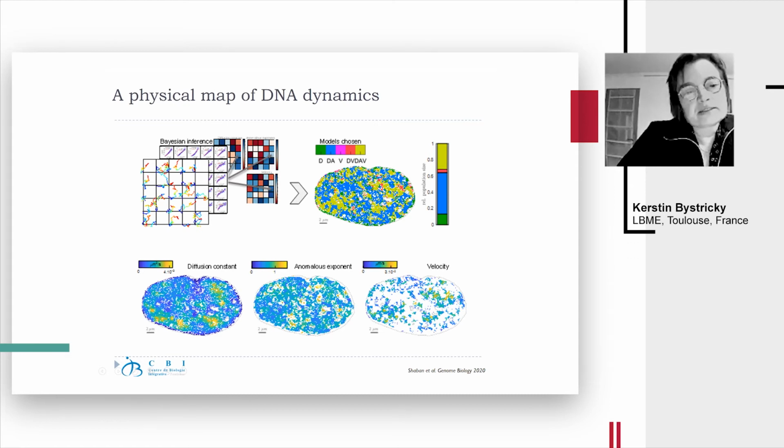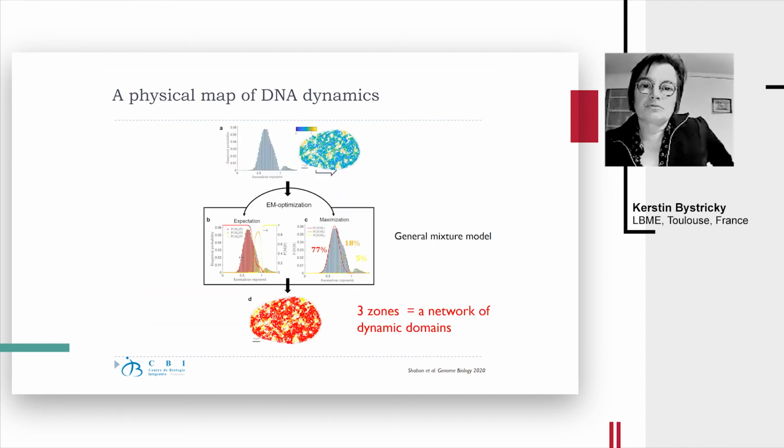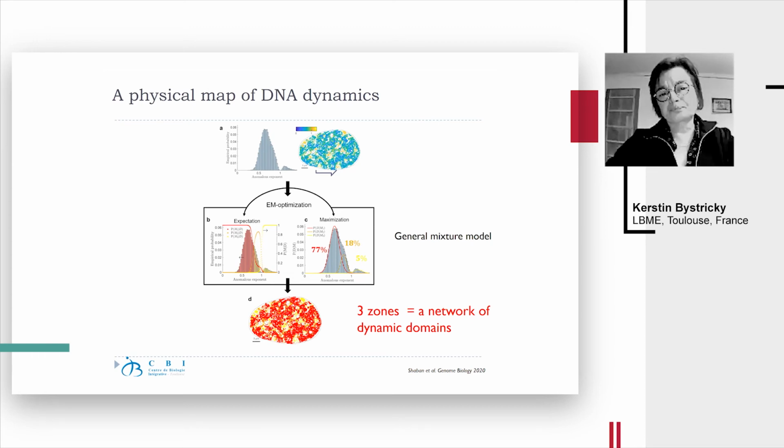Now, to analyze this, having such a large heterogeneity is a little bit complicated. So what Itham and Roman did is they used a general mixture model to define probabilities of being in different groups of motion. And the model basically came up with 3 areas that are most relevant for the types of motion that we see: a low motion area, an intermediate, and a fast moving area.